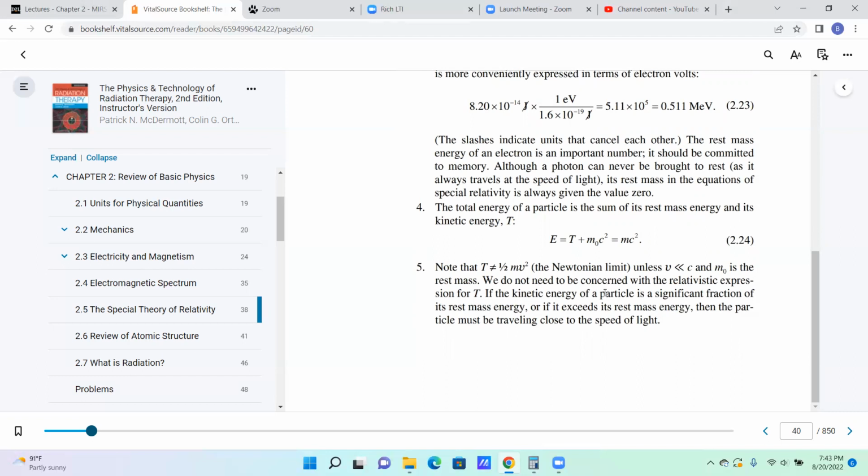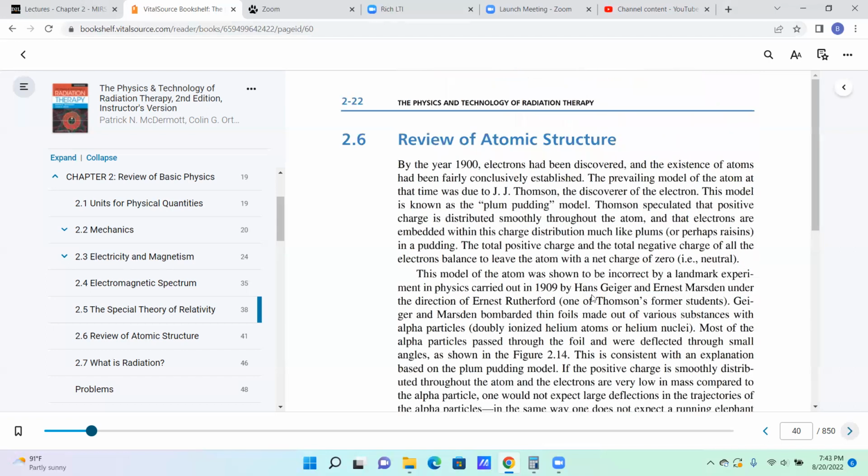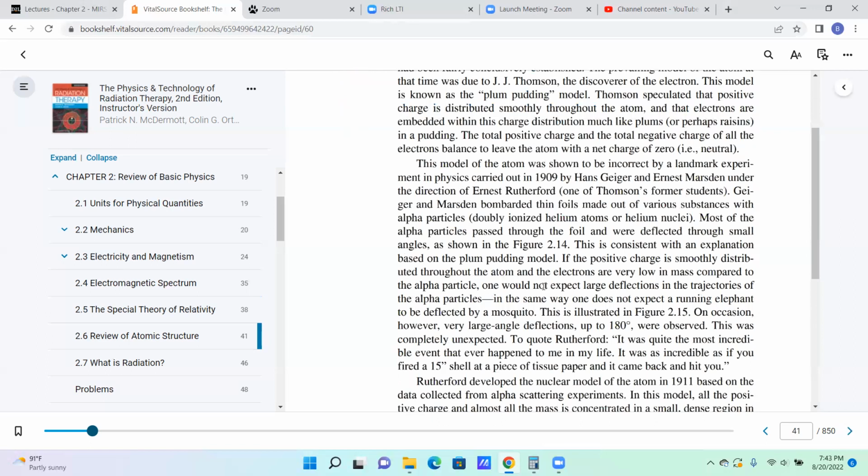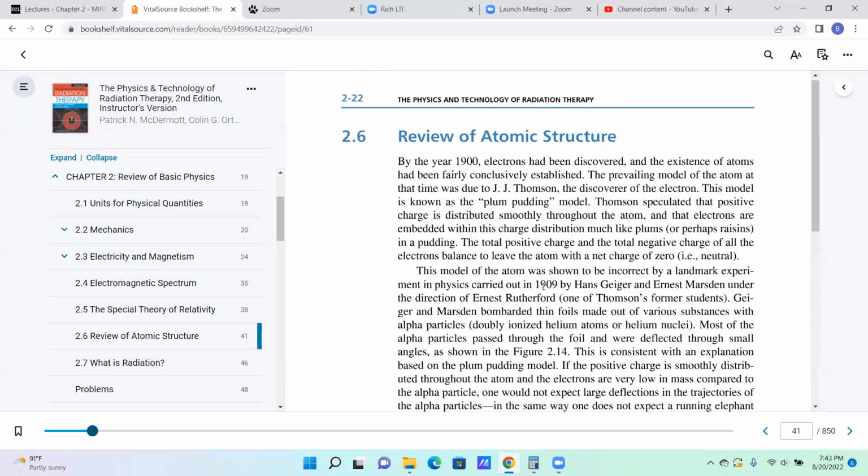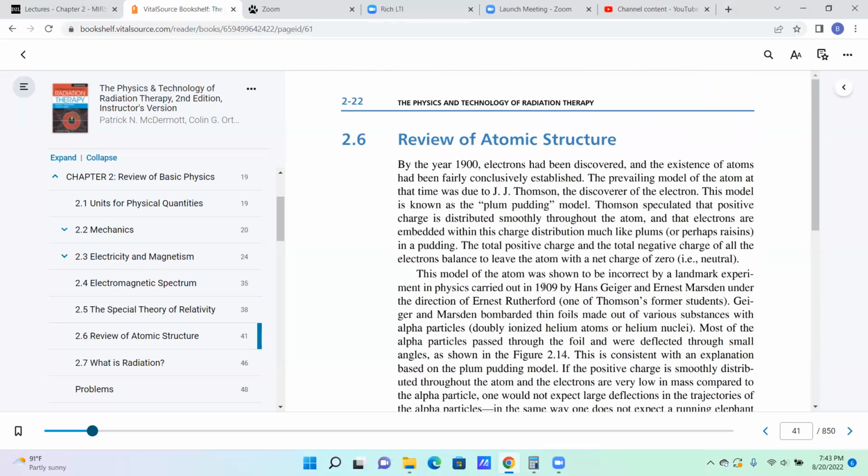We don't need to be concerned with the relativistic expression for T. If the kinetic energy of the particle is a significant fraction of the rest mass, or if it exceeds the rest mass energy, then the particle must be traveling close to the speed of light. So those are all some basics regarding the special theory of relativity. The basic takeaway that I want you to have is that it relates mass to energy.